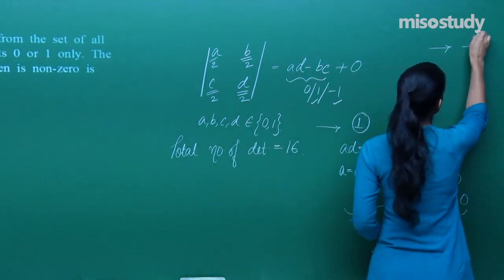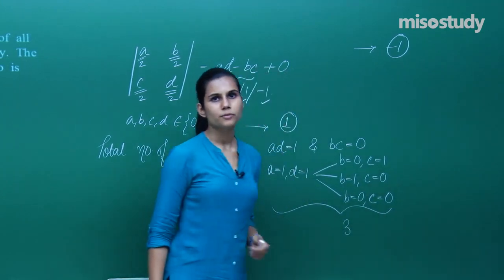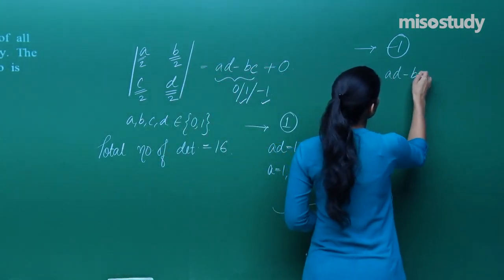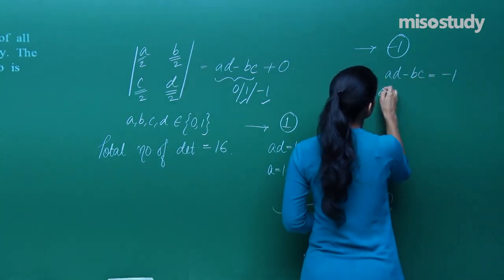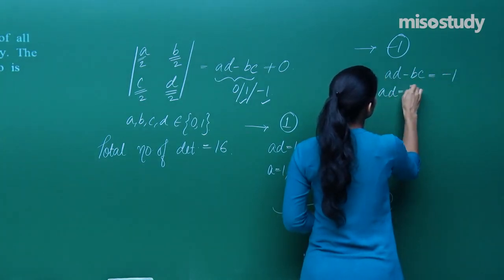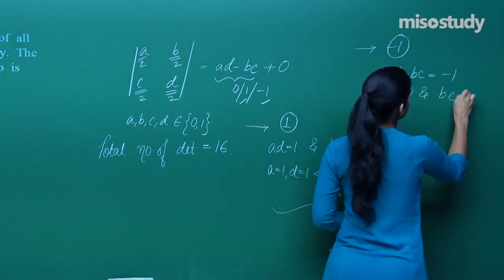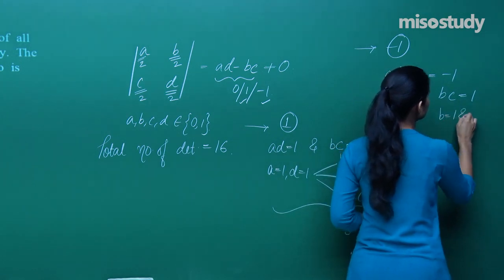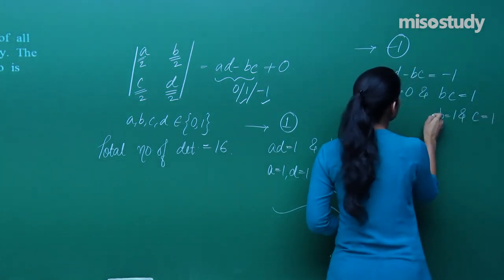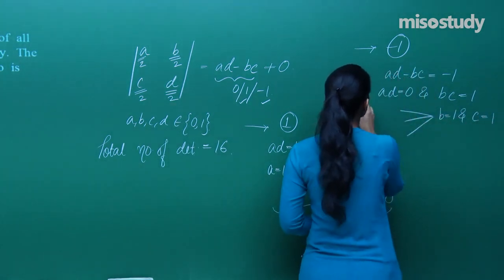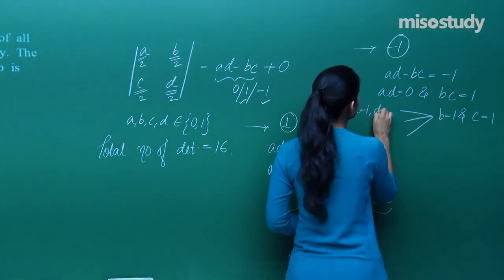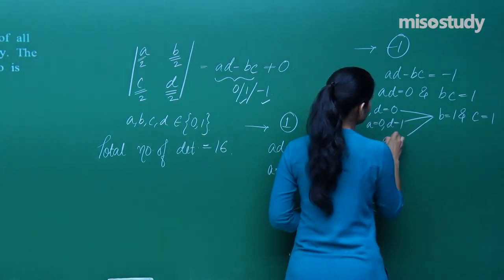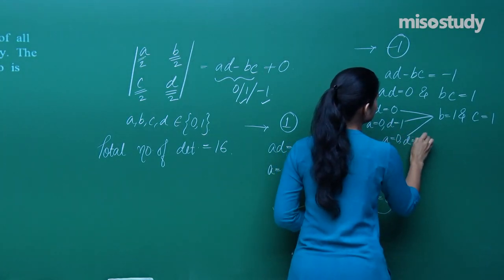Similarly, minus 1 if you want as the value of the determinant, because you want non-zero values basically. This can only come when AD minus BC is minus 1, which means AD is 0 and BC is 1. Now BC equals 1 can happen in only one way, when B is 1 and C is 1. But AD equals 0 can again happen in 3 ways, A1, D0, A0, D1, A0, D0.